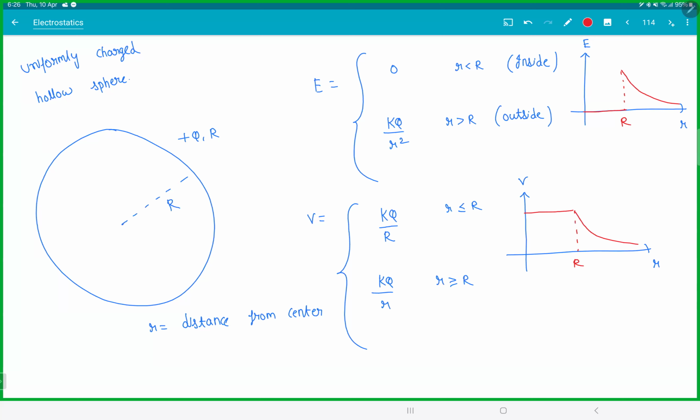Everyone should note this down. Clear, everyone?